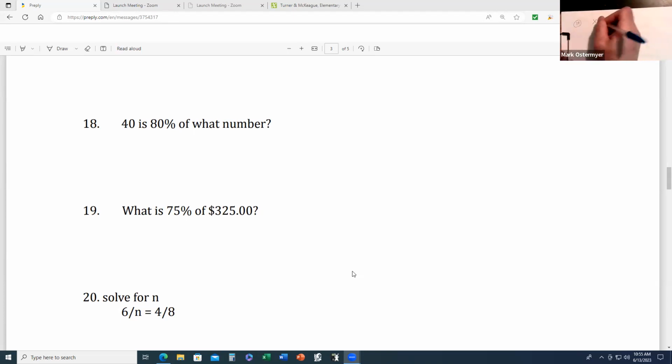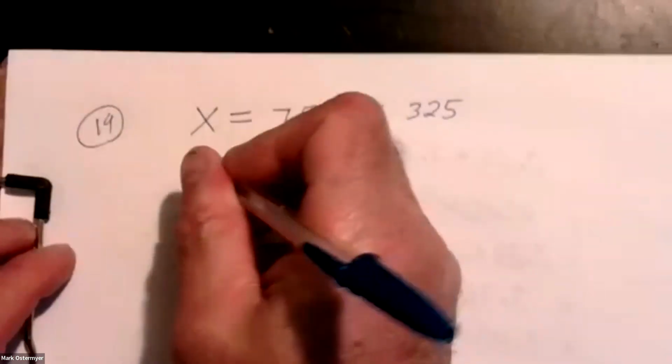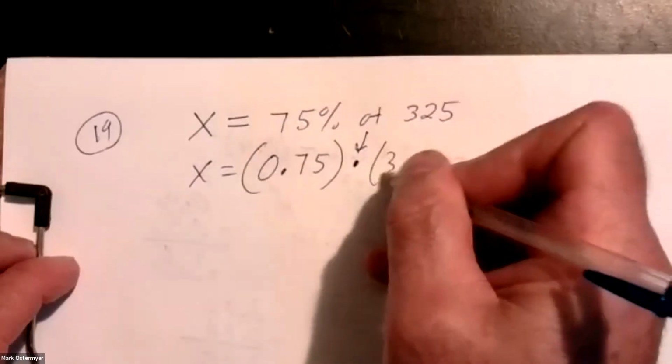So X equals 75% of $325. How do you change the percent to a decimal? Two places left of the decimal point, 0.75. Of means times, 325. So we just have to multiply these together and we'll have our answer.